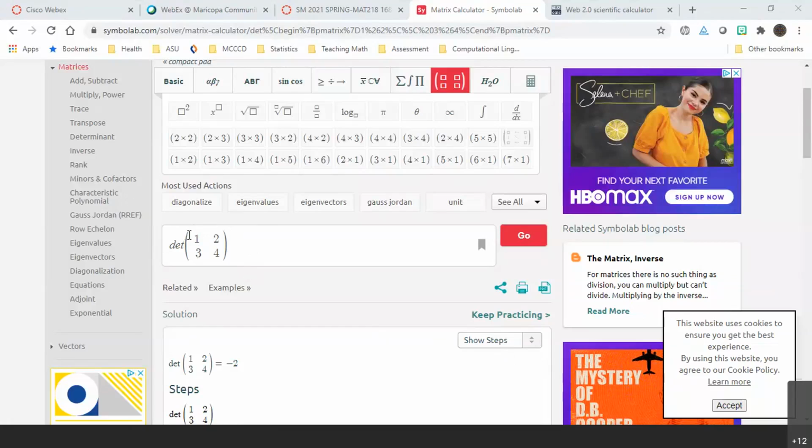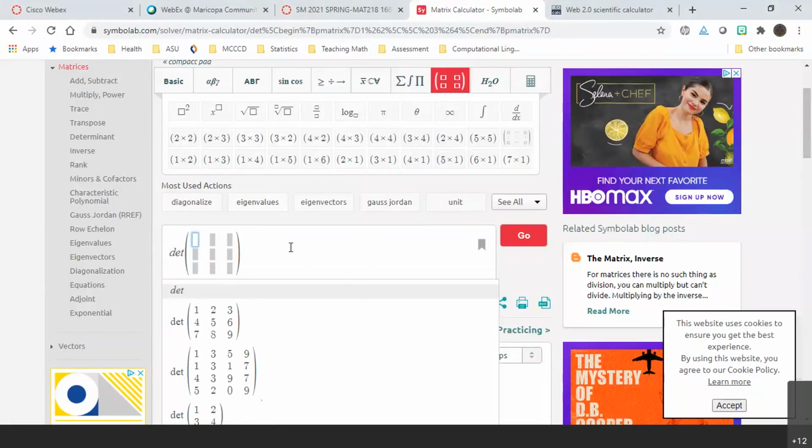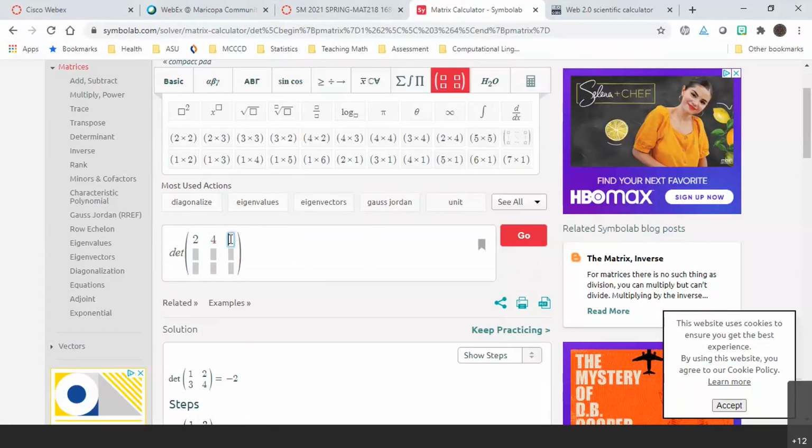So what I'm asking you is, don't compute the determinants by hand. I just showed you how it's done by hand, but this is a perfectly valid tool to use. So for example, I'll leave determinant there and I'll put 3 by 3, and I can enter the 3 by 3 matrix that we used, which was 2, 4, 6, 8, 1, 3.